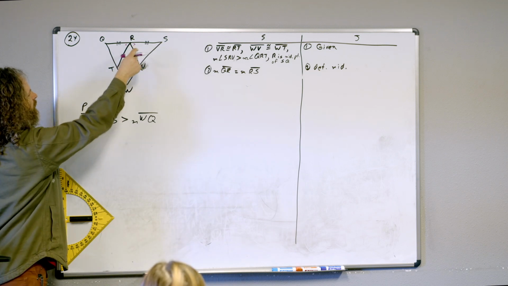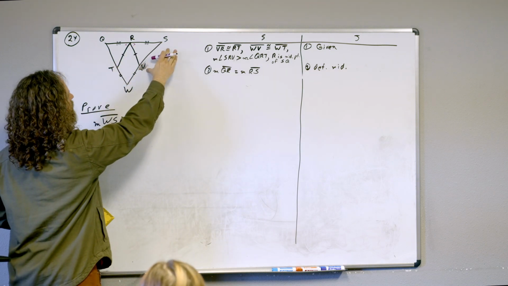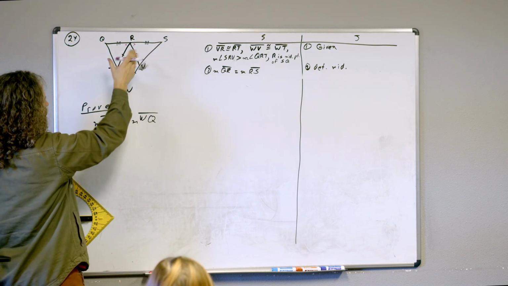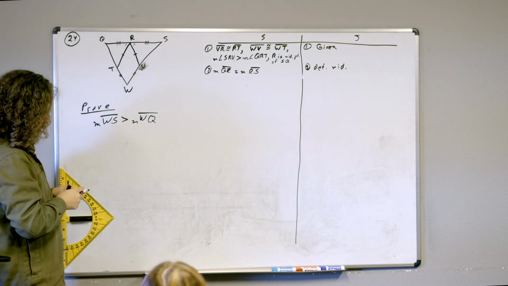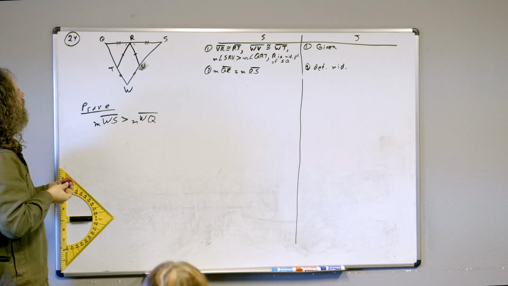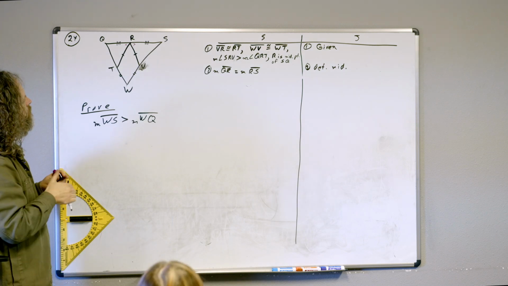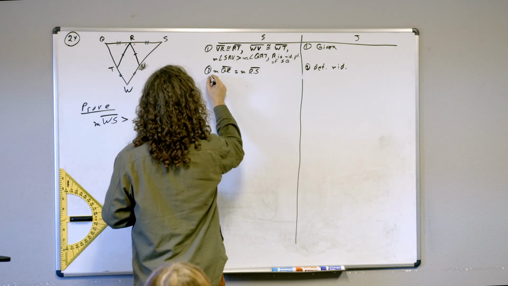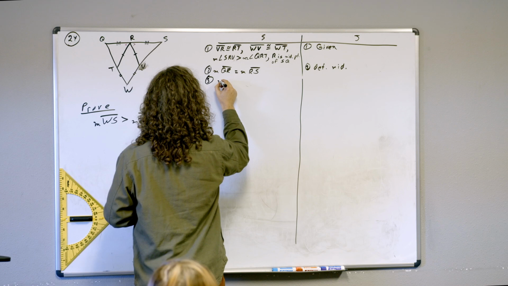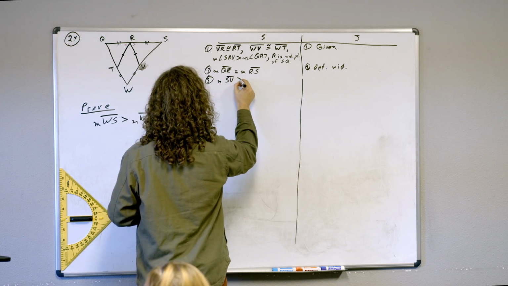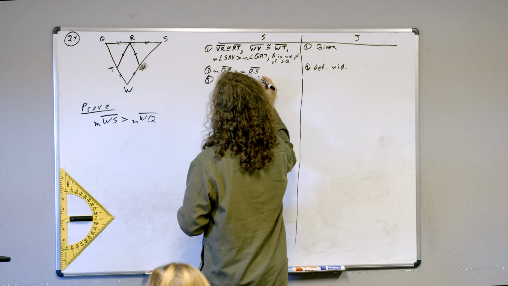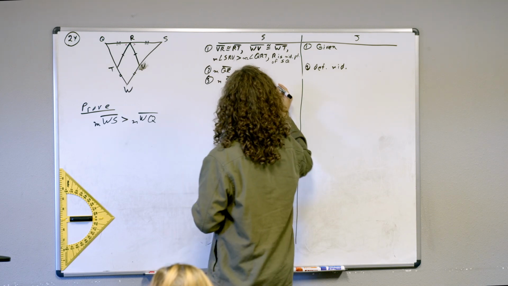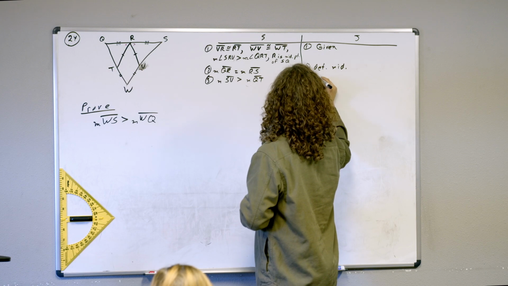So this is greater than this, and so you're saying we can say that SV is greater than QT, which we can do because of the hinge theorem. Yes, that's totally fine. Okay, so number 3: the measure of SV is greater than the measure of QT because of the hinge theorem, true facts.